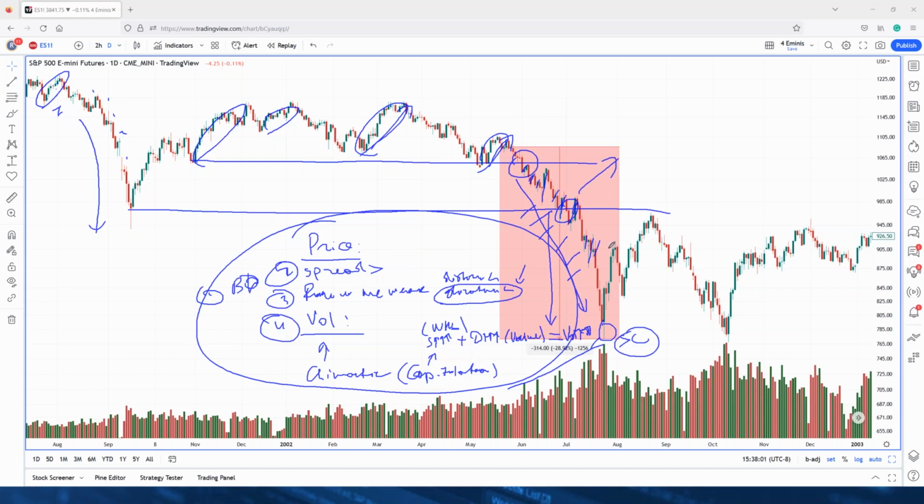And please note that in 2002, that capitulation, let's say after this breakdown right here, it took some time, June and into July. So this is 1.5 to 2 months that we are in the consistent downfall right here.